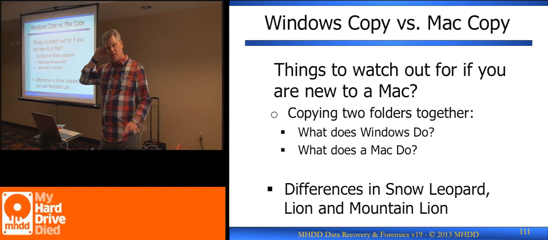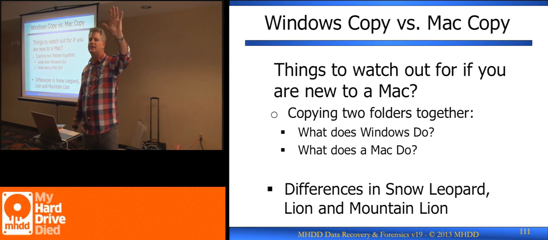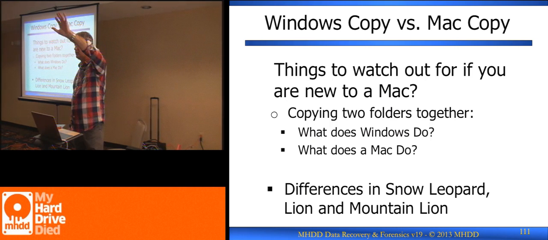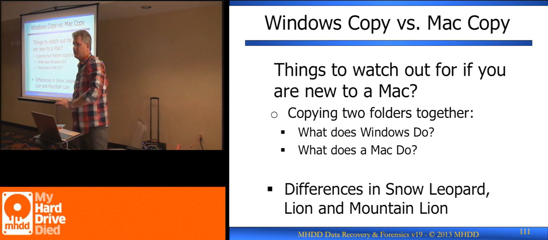In earlier versions of Mac OS, pre-Mountain Lion, if you took one folder and dragged it to where another folder was and it said, do you want to overwrite? And you said yes, it would actually release the first folder and then copy the new folder over.